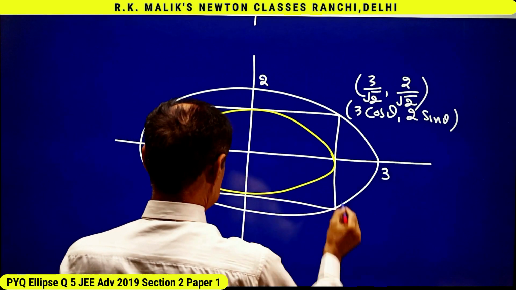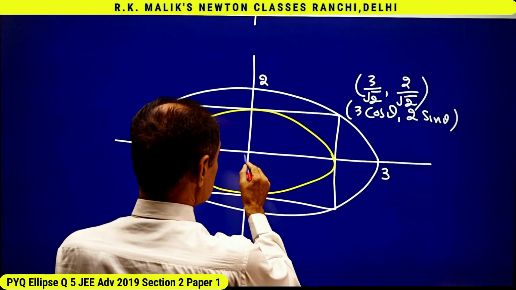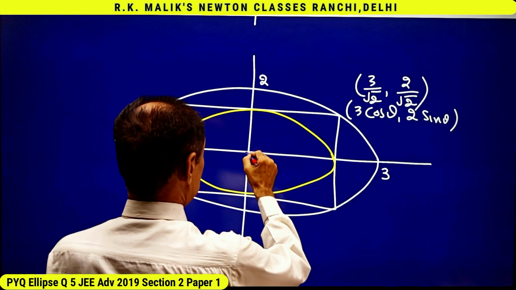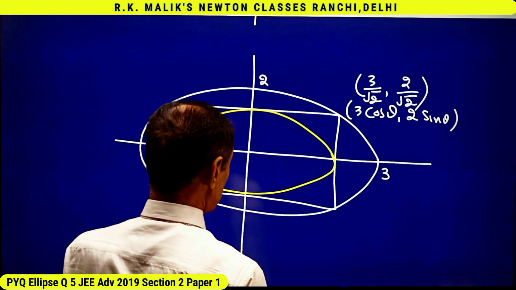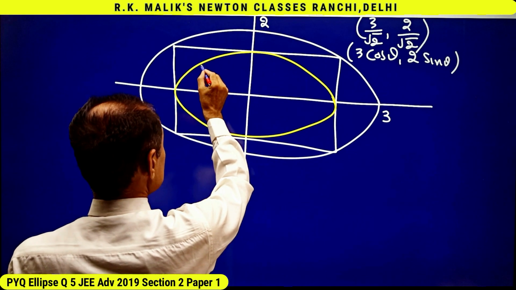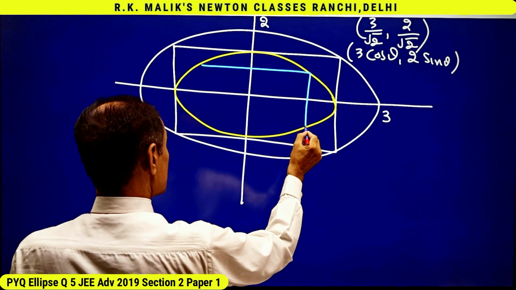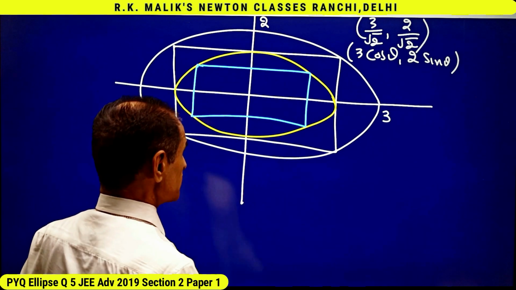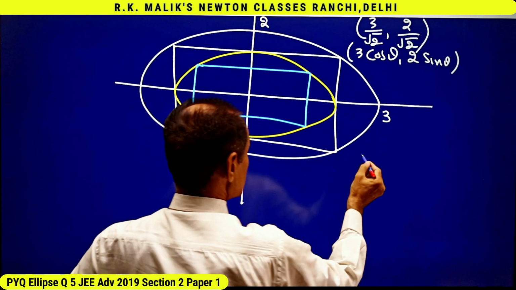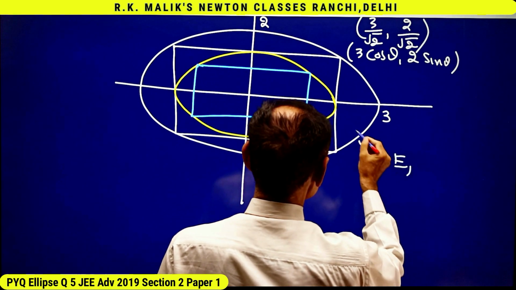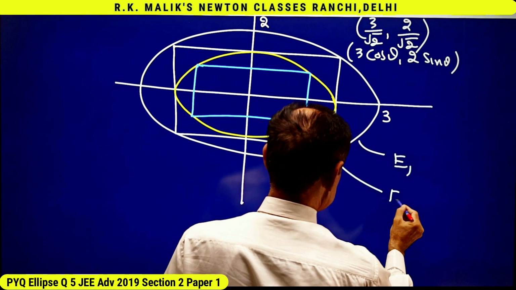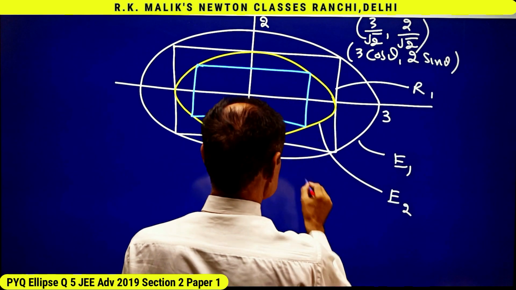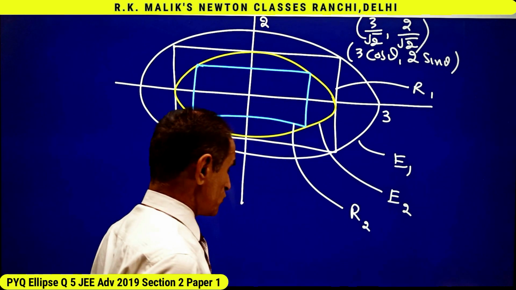And because in this rectangle I have made the ellipse E2, obviously the length of the semi-major axis will become 3 by root 2 and the length of the semi-minor axis will become 2 by root 2. And again I have made a rectangle of maximum area inside this ellipse E2. Note that this is ellipse E1, this is ellipse E2, this is rectangle R1, this is rectangle R2.